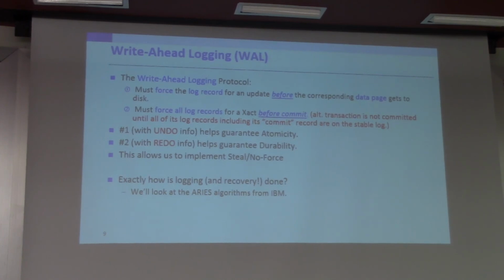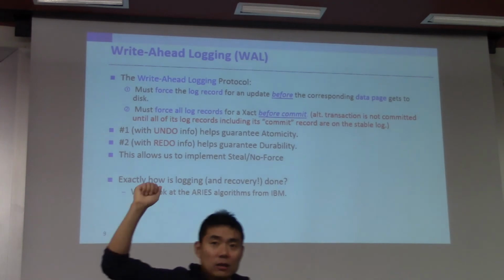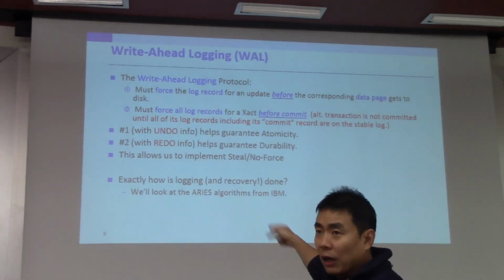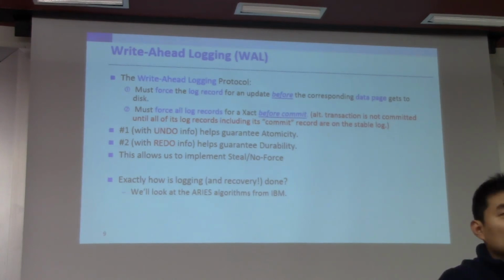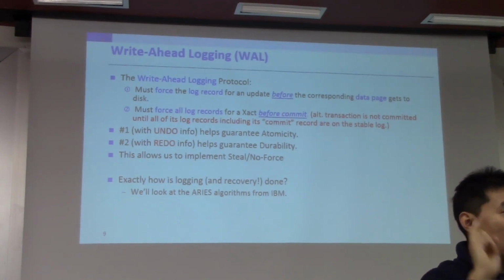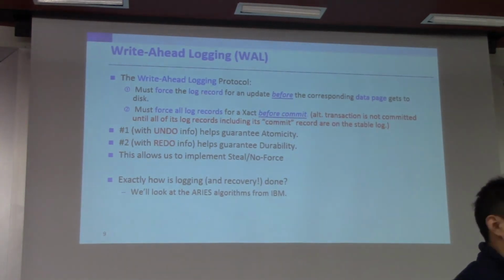So that if the system crashes, and I lost this information forever, I can use this log record to reconstruct this new version of A that's still in memory at the time of commit. So policy 1 is to facilitate undo and atomicity. Policy 2 is to facilitate durability and redo. Together, that's what we call write-ahead logging.